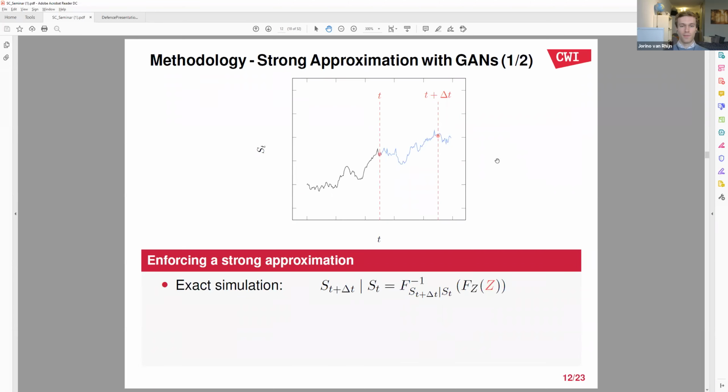So how does that even work with exact simulation? Right? So the basic idea was to use a new type of GAN that does the same thing as exact simulation, but by learning it. So in exact simulation, you can always view sampling from a distribution as I've written here.